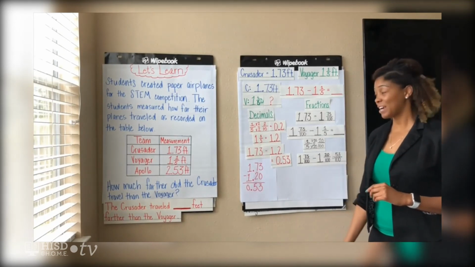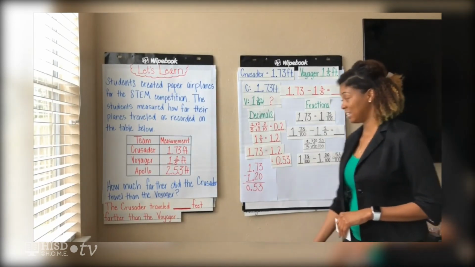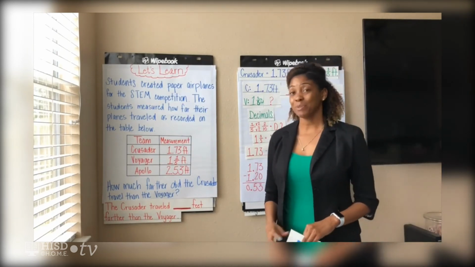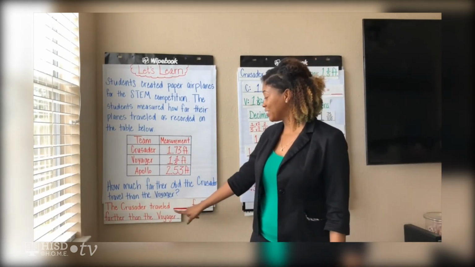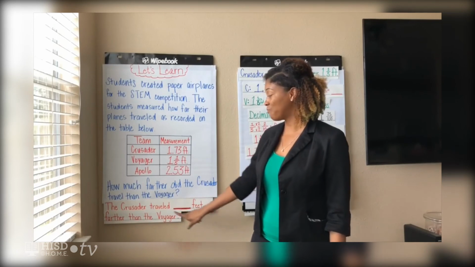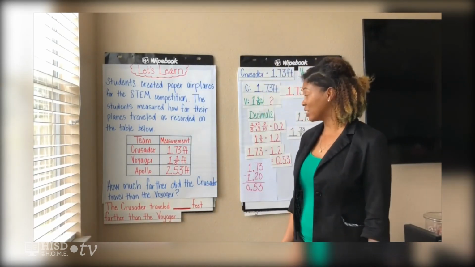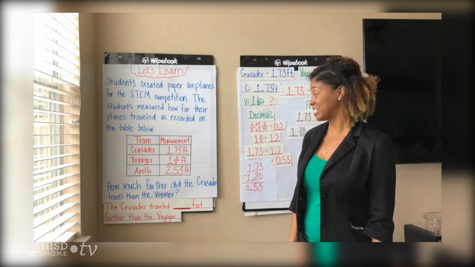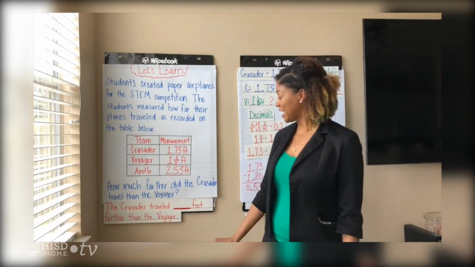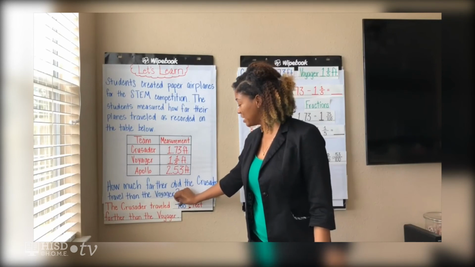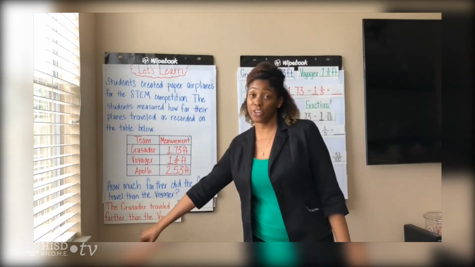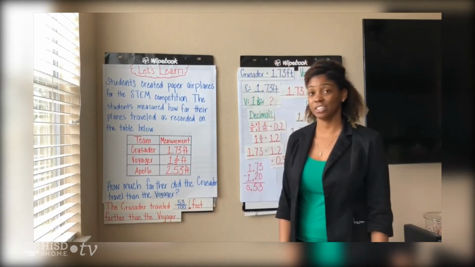So let's go back to our actual sentence. The answer statement reads, the Crusader traveled blank feet farther than the Voyager. So I can substitute my answers into the blank. The Crusader traveled 5,300 feet farther than the Voyager.